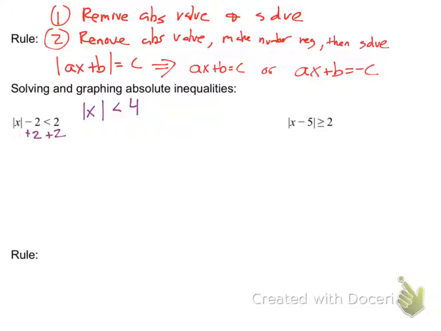Yeah. Now, before we even solve it or get rid of the absolute values, let's look at things that would make that true. What numbers, when I take the absolute value of it, are going to be less than 4? 3. The absolute value of 3 is 3. Is 3 less than 4?